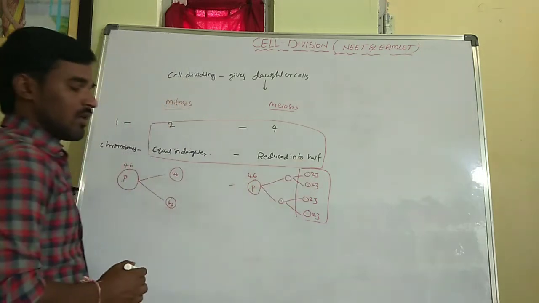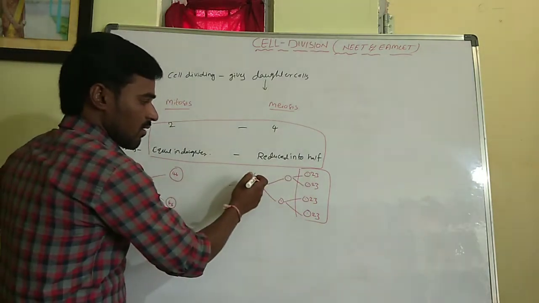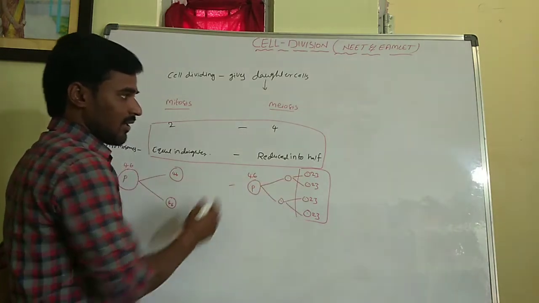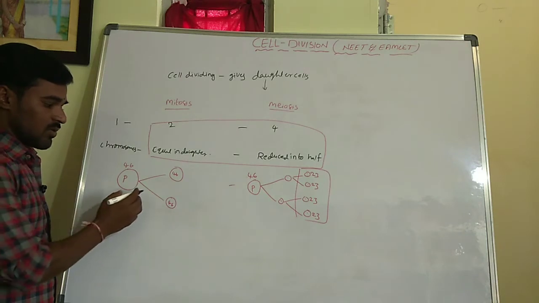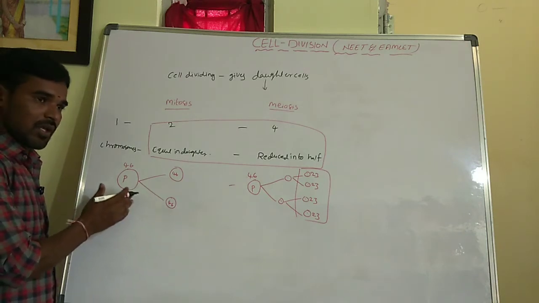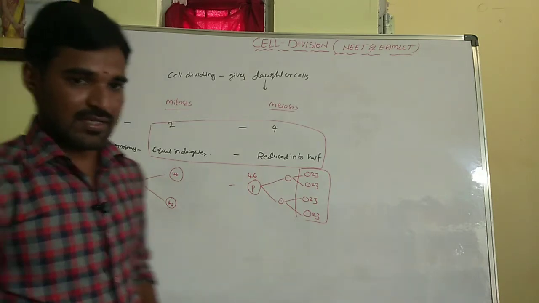This is reduced into half. When we compare to the parental cell, the chromosome number is half in the daughter cells in meiosis, whereas in mitosis the chromosome number is equal. So these are the basics.